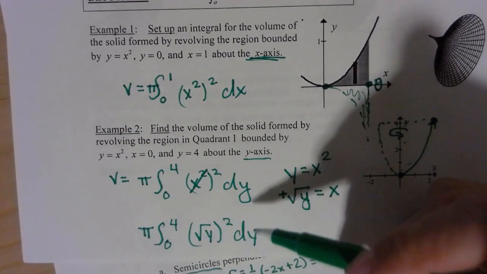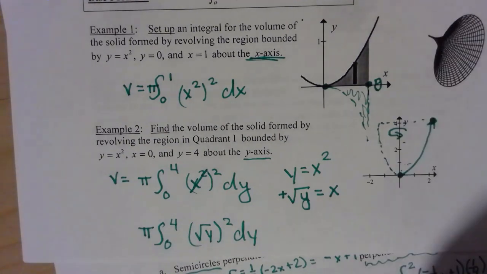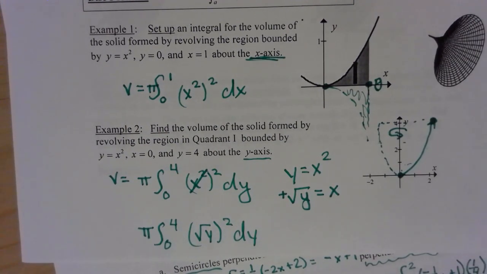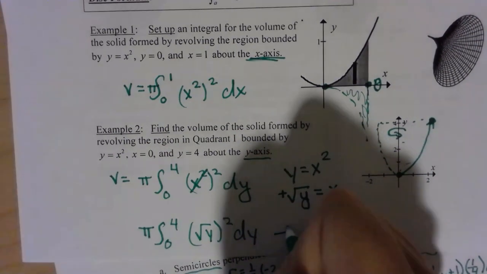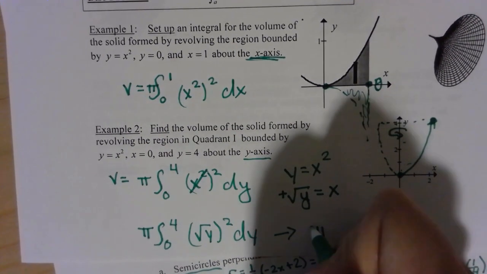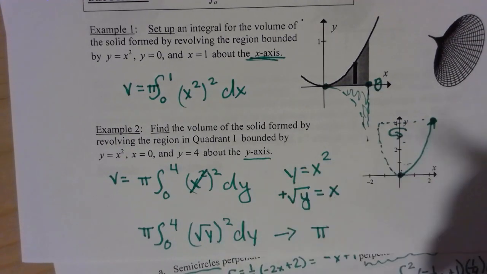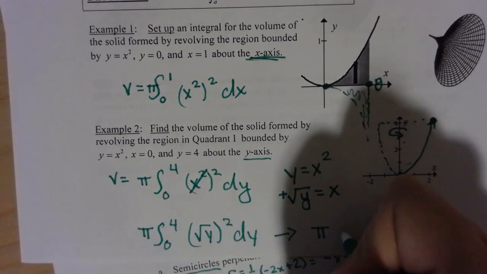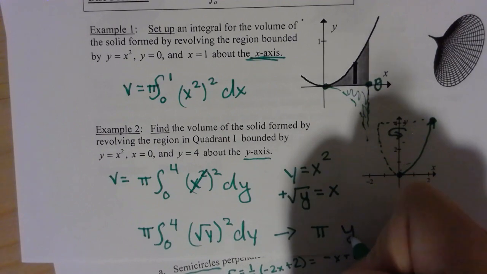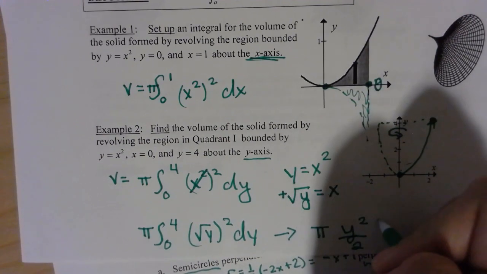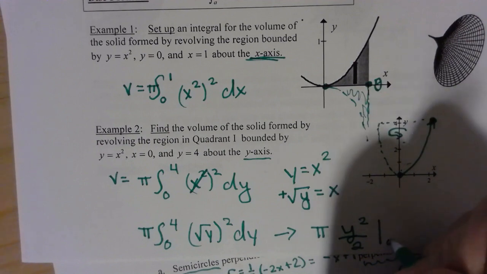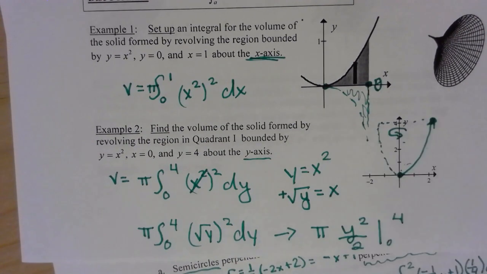We're in y's now. Now we can take our integral. So I have pi out front. Now, squaring a square root is just y. So if we took the integral of y, we would have y squared over 2. And we're going from the boundary of 0 to 4.